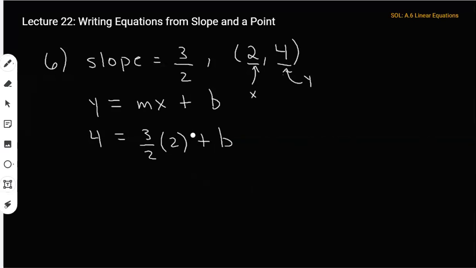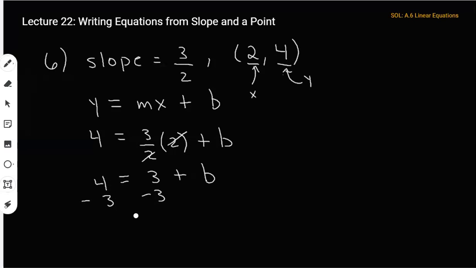So now I can multiply 3/2 by 2. What's going to happen is the 2 in the denominator is going to cancel out with the 2 in the numerator. And that's just going to leave me with a positive 3 plus b. So now to get b by itself, I need to subtract 3 from both sides.